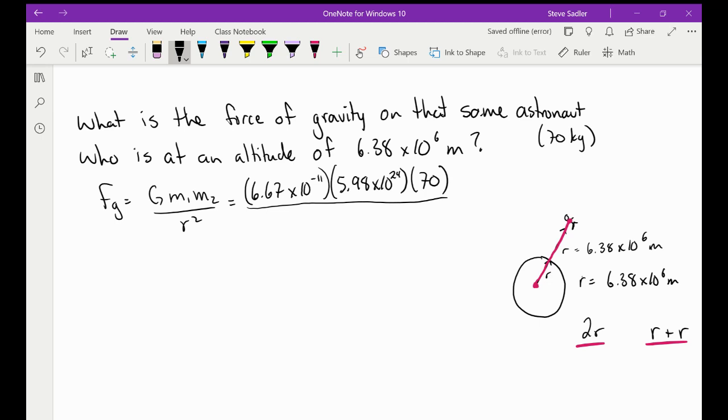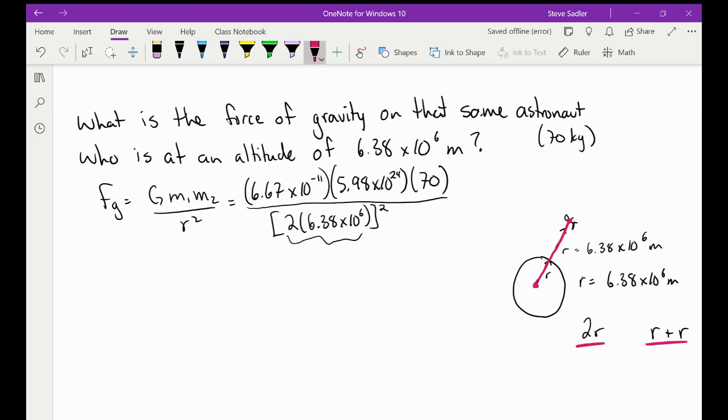And now the distance between is going to be, you can do it something like this if you wanted, 2 times 6.38 times 10 to the 6, and then that's all squared. So the 2 times the radius of the Earth has to happen before you square everything.